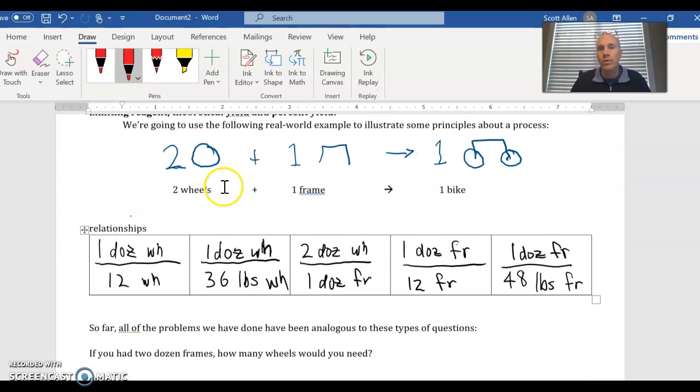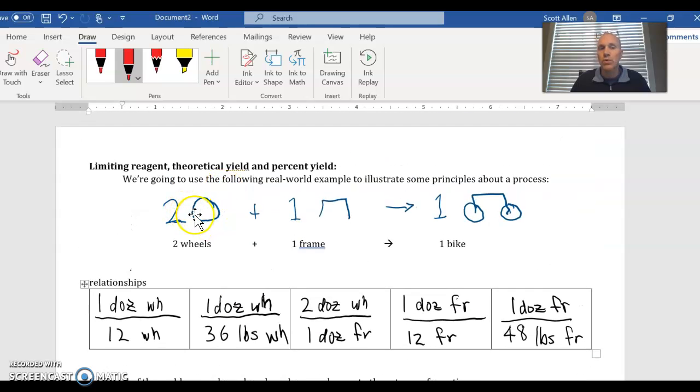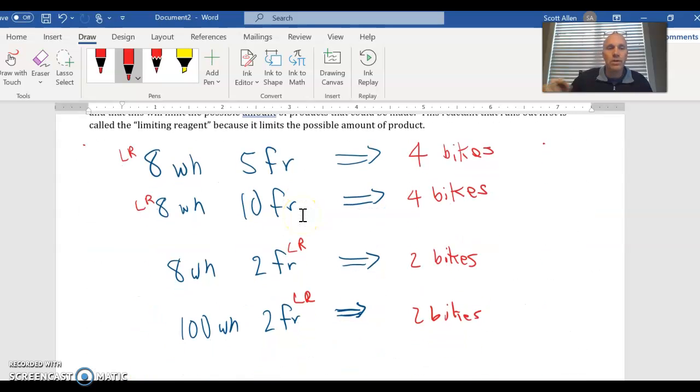What are we dealing with? We need 2 wheels per 1 frame. So we're going to divide the wheels by 2 because that's how many we need. I'm going to divide the frames by 1 because that's how many of those we need.